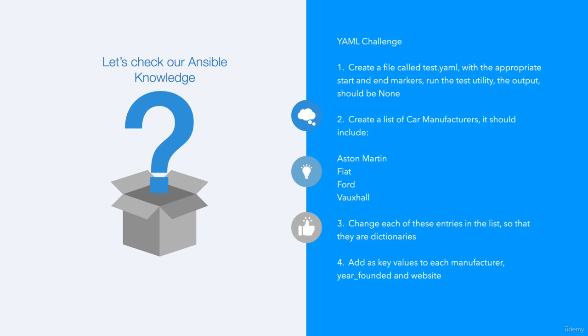Alright, so the next step, and you might actually need to go off and do a little bit of research on this yourself. What I want you to do is add as key values to each manufacturer a key with year_founded and the value of the year in which it was founded and the company website.